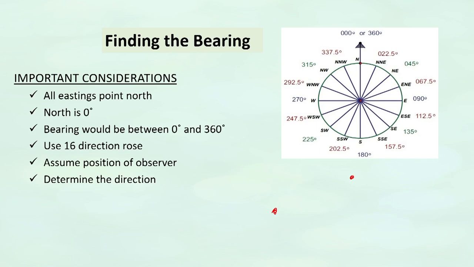If you want to find the direction of the target, this is the target point and this is your point of observation. You are standing here. What is your target point? Where is it? In which direction exactly? 45 degrees or 60 degrees or 180 degrees? You are going to measure.